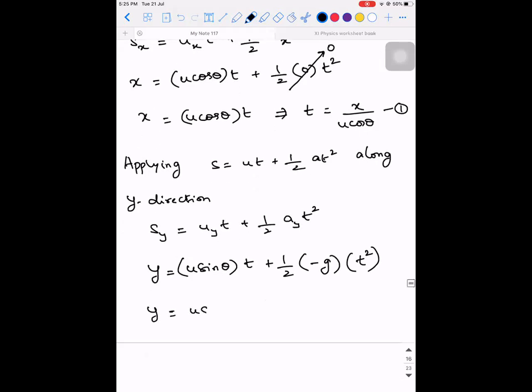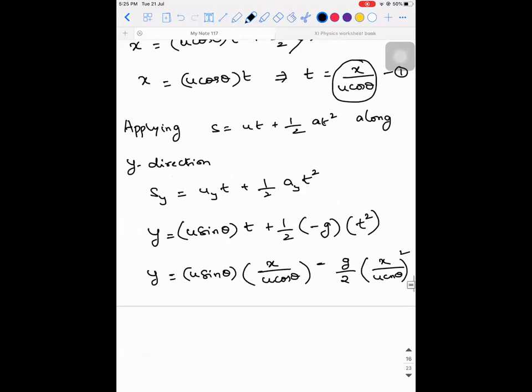So y is equal to u sin theta into what is the value of t? t is nothing but x divided by u cos theta. So x by u cos theta, minus g by 2 into x by u cos theta the whole square. Right?